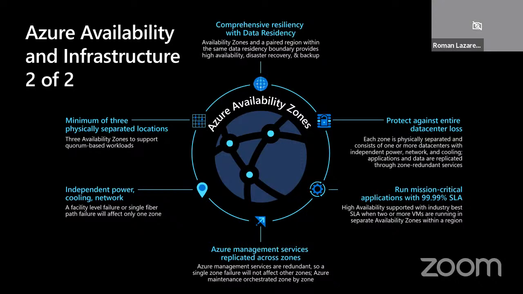Others are zonal services, where you can specify that a particular VM or a particular service goes into a particular zone. By choosing these different types of deployments, you can have a finer level of control over the availability that you create for your application.